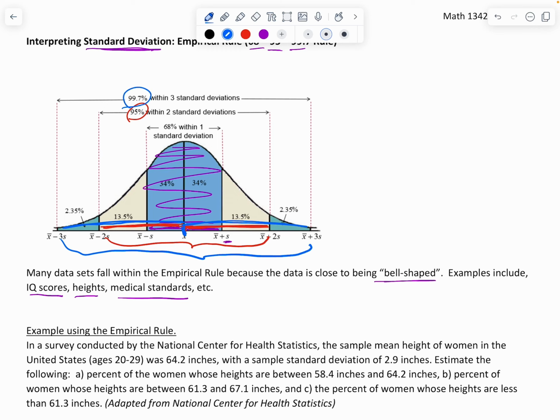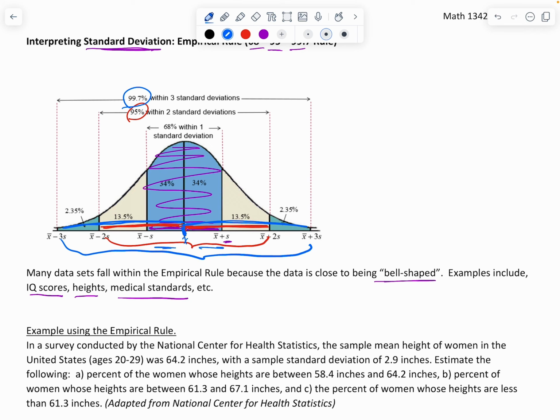And that covers 99.7% of the population. So anything that can be put into a bell-shaped curve gives us a lot of information about how everything fits together.